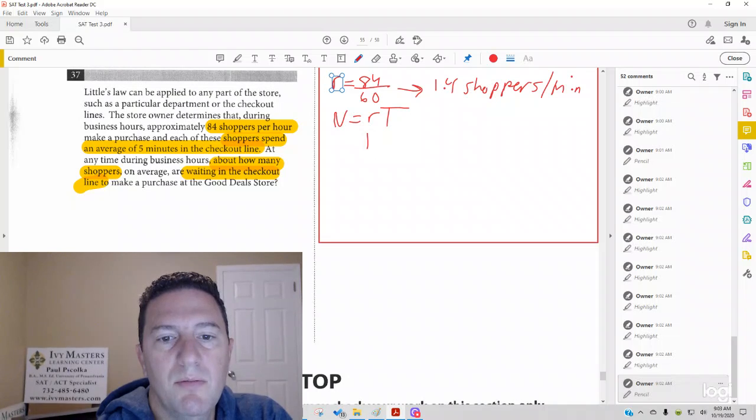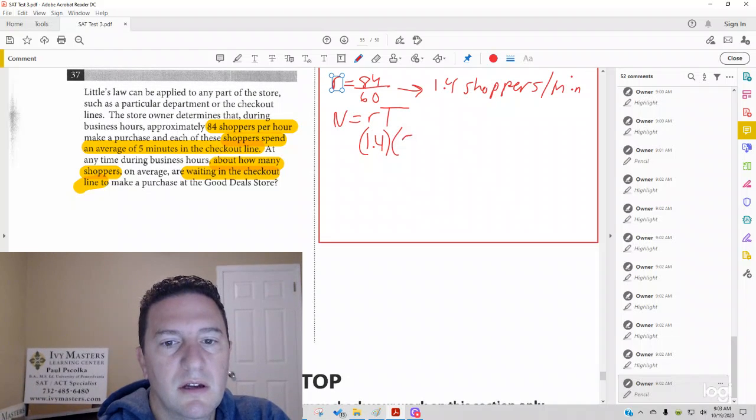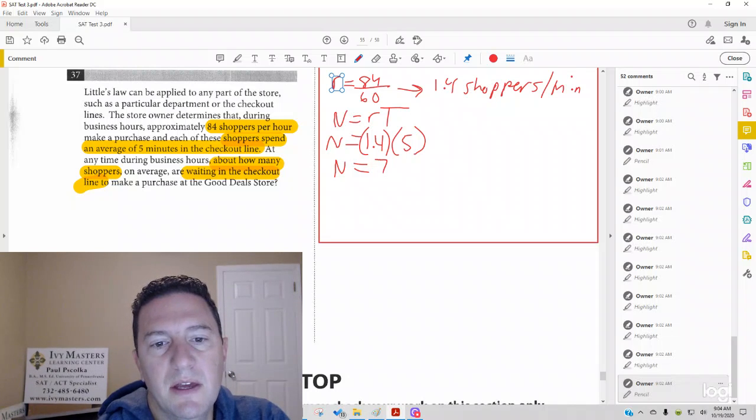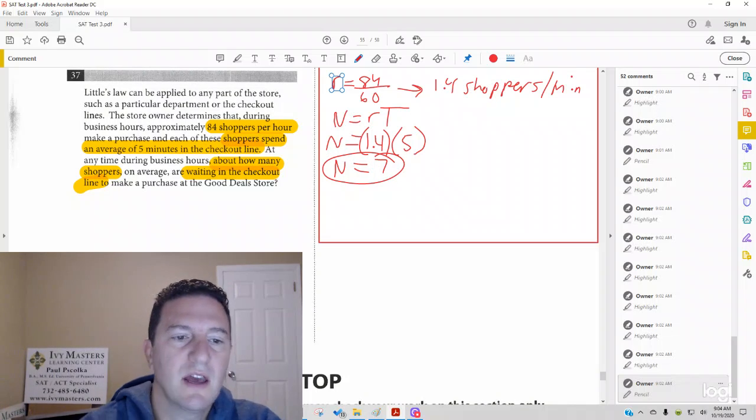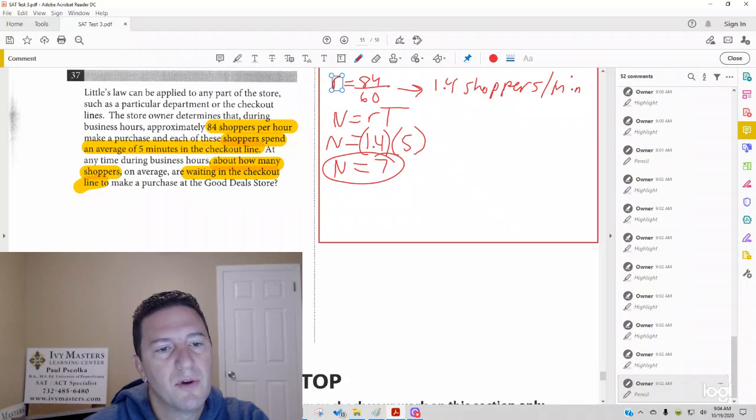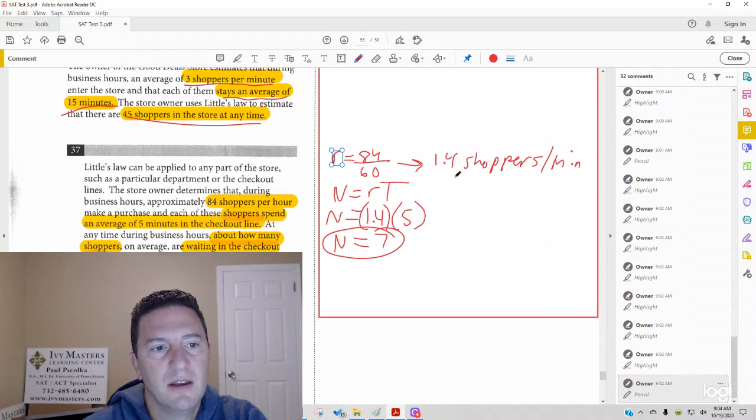We've got 1.4 for your R and a 5 for your T. And then just some quick calculating, you wind up getting 7. So N equals 7. And let's just confirm that that's what the question's asking, about how many shoppers are waiting in the checkout line. That would be equivalent to the shoppers in the store because Little's Law can be applied to any part of the store.